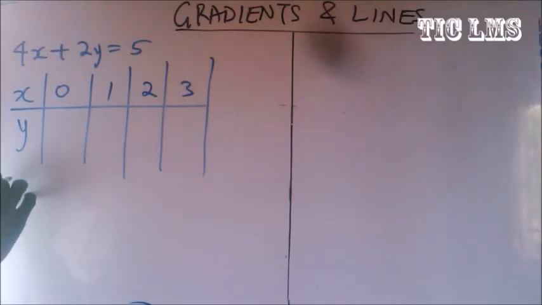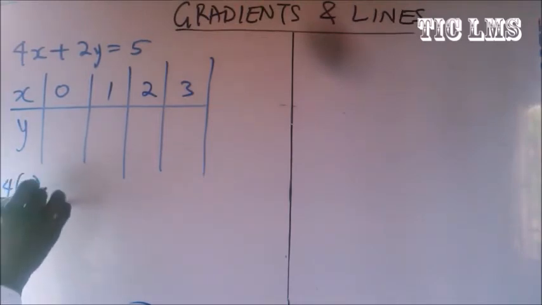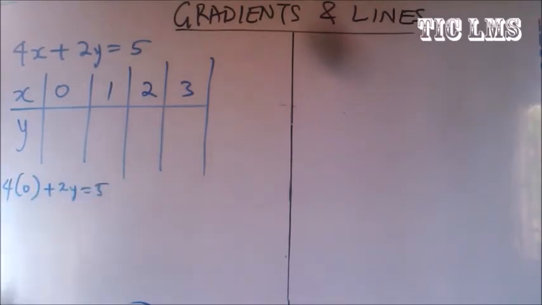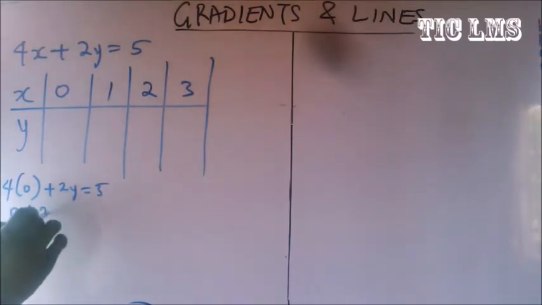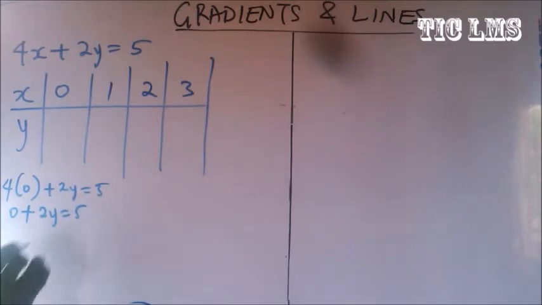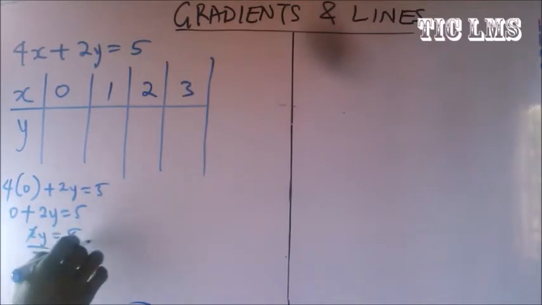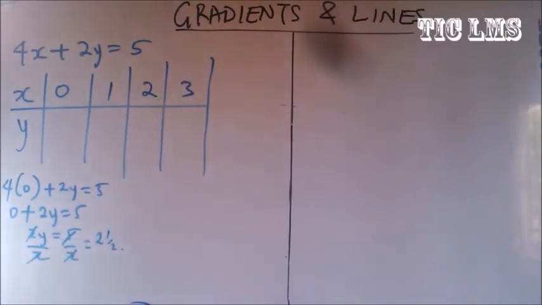We'll have 4 into bracket 0 plus 2y equal to 5. 4 times 0 leaves us with 0, then 2y equal to 5. Divide both sides by 2, so we are left with 2.5. So when x is 0, y is 2.5.